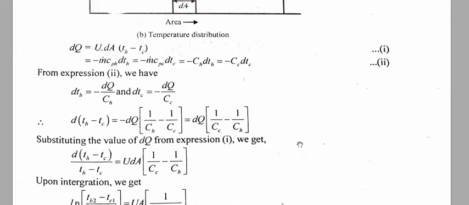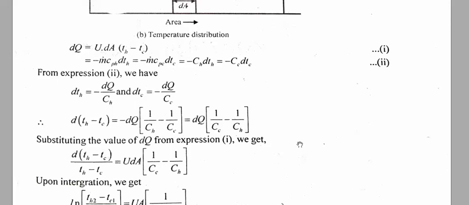From this expression we get that dTh is equal to minus dq by Ch, and dTc is equal to minus dq by Cc. So d(Th minus Tc) is equal to minus dq (1 by Ch minus 1 by Cc).